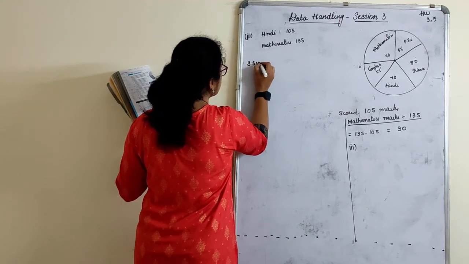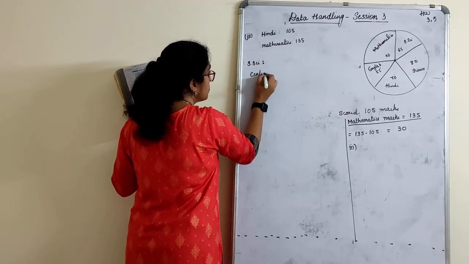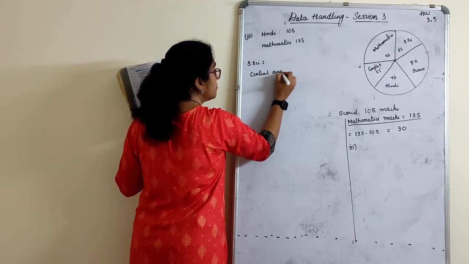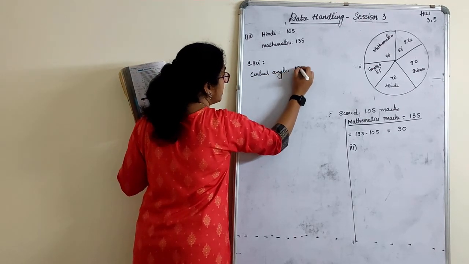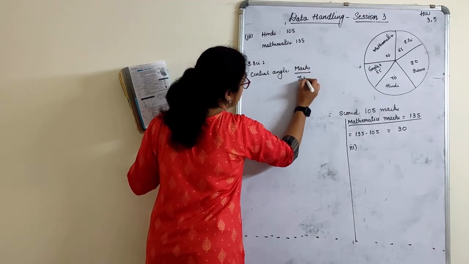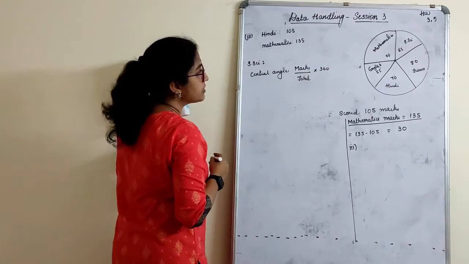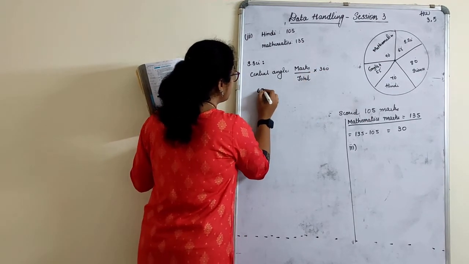So what do we do? Central angle is equal to marks upon total into 360. For social science, children, it is 65.